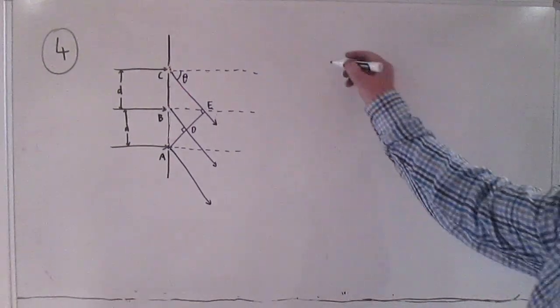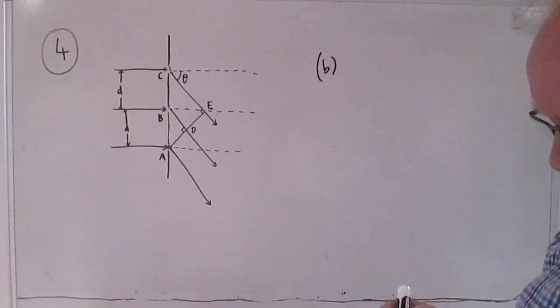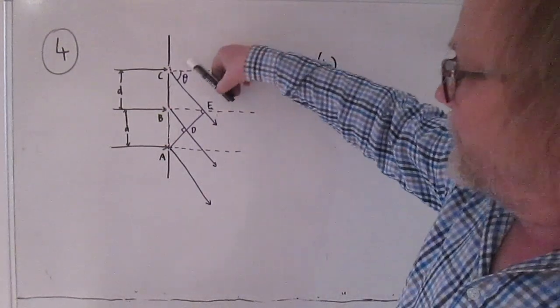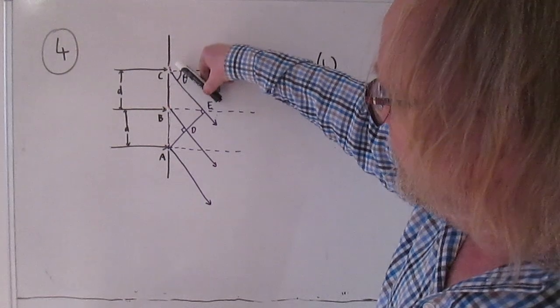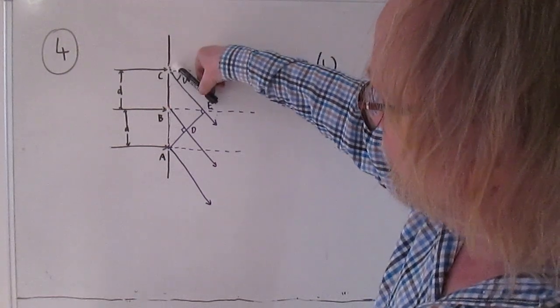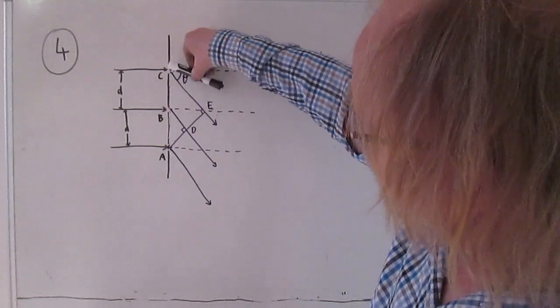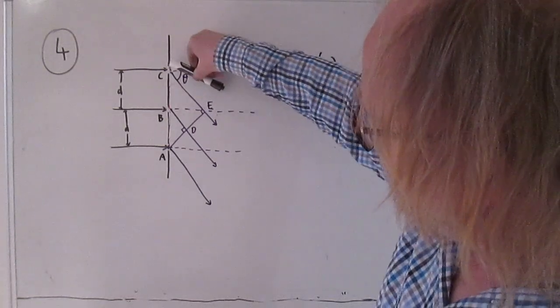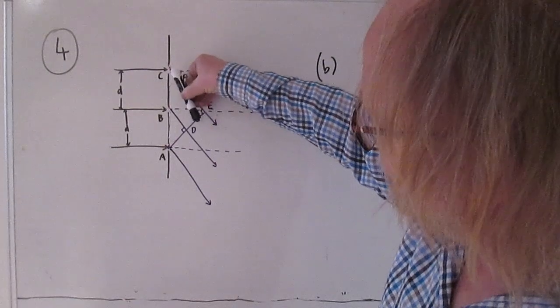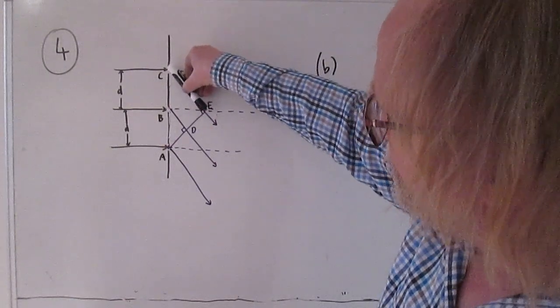So part B is getting you to think about the idea that as you get higher order diffraction, the value of theta increases. So in other words, the first order lines theta will be here, and then second order, and then third order, and so on. And it's saying, well, how far can you go?